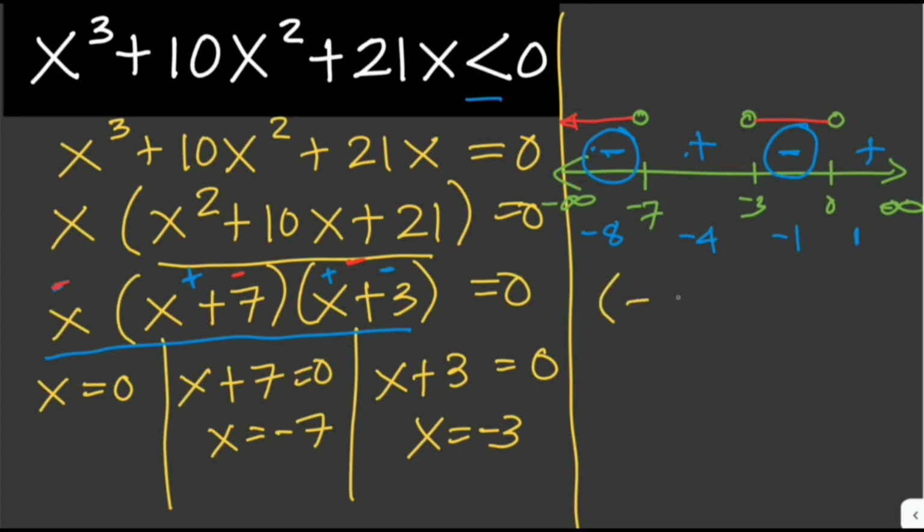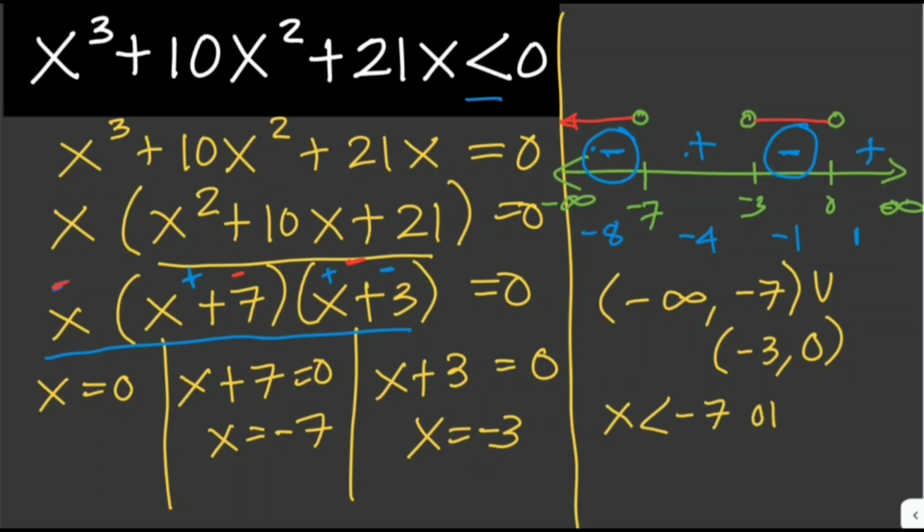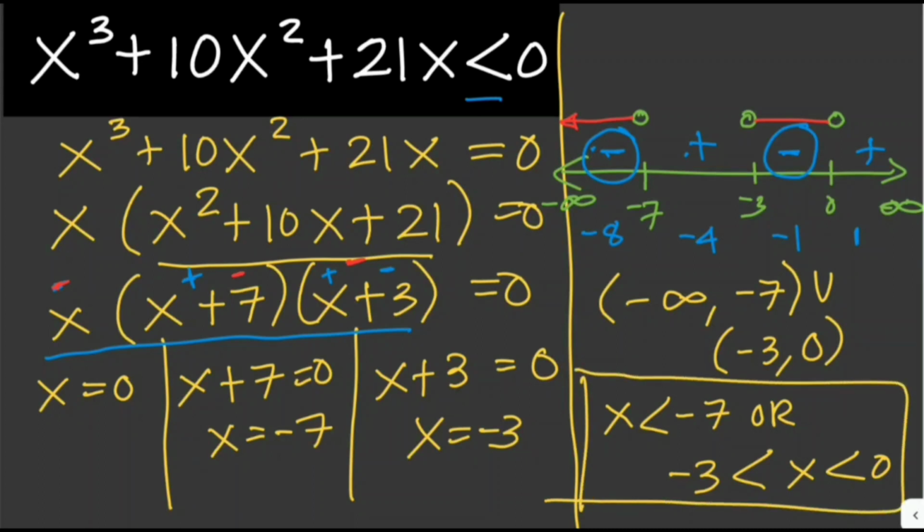That would be negative infinity to negative 7, union negative 3 to 0. Or you can write this as x less than negative 7, or x is between negative 3 and 0. So this is the solution to this problem here.